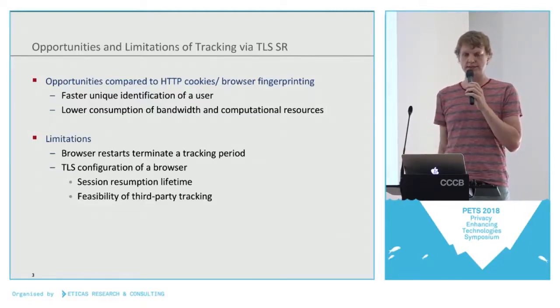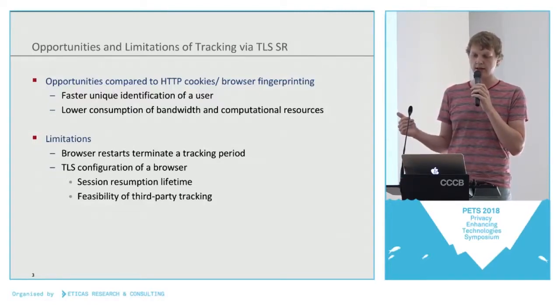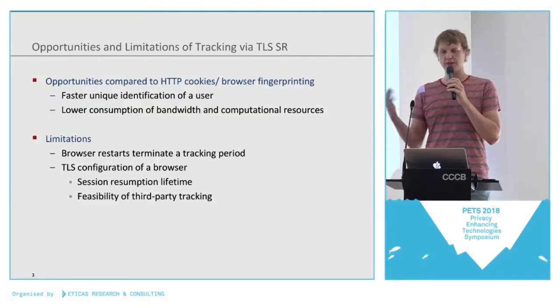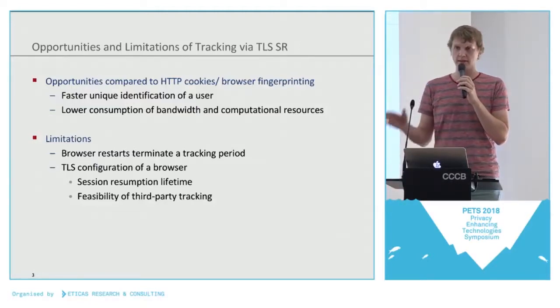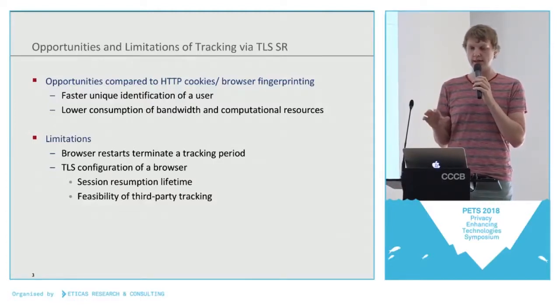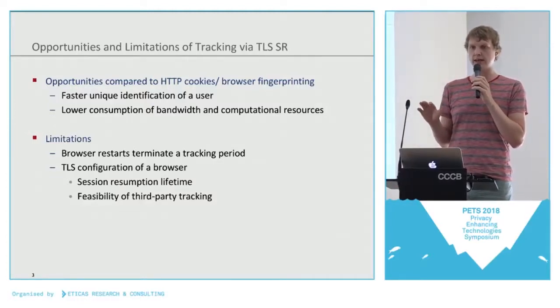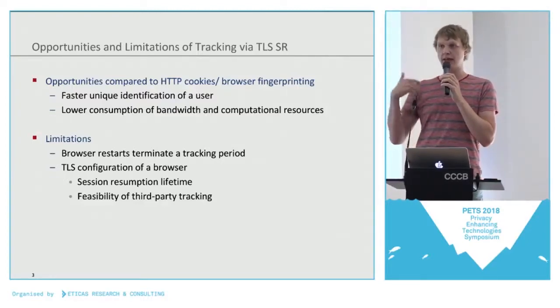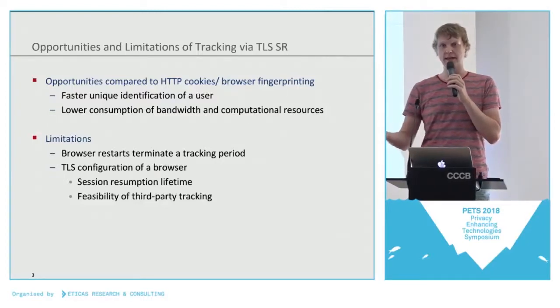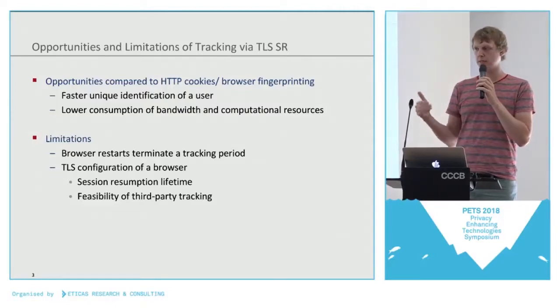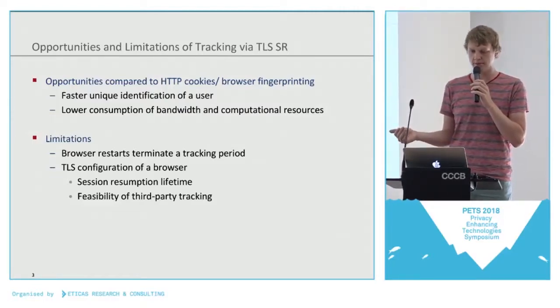The opportunities compared to HTTP cookies or browser fingerprinting are that you get a much faster unique identification of a user. This might be especially relevant in scenarios like real-time online biddings, where the more time you spend on identifying a user, the less time you can spend on the bidding process itself.